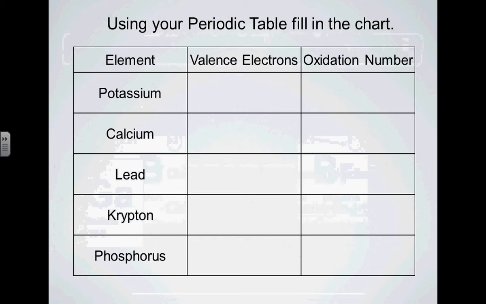Olivia? I don't get how you know it's less than. Think about it as extra or missing. The atom wants to do whatever's easiest. So if it has just 1 or 2 or 3 electrons in the outer shell, it's easiest just to get rid of them. So it has extra electrons. That's why it's plus. If it had 5 or 6 or 7, it's missing electrons to get to 8.